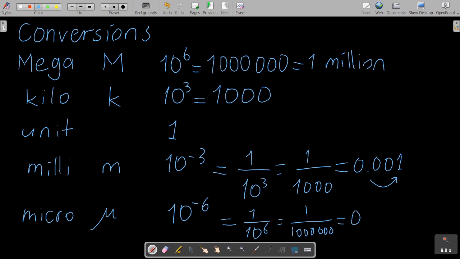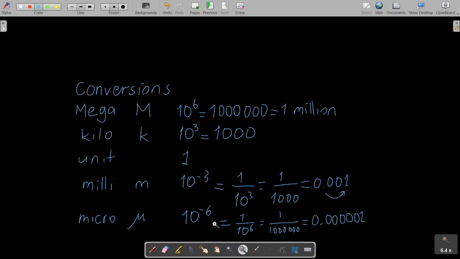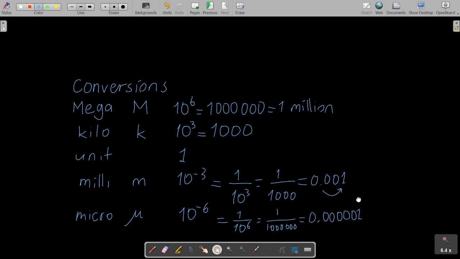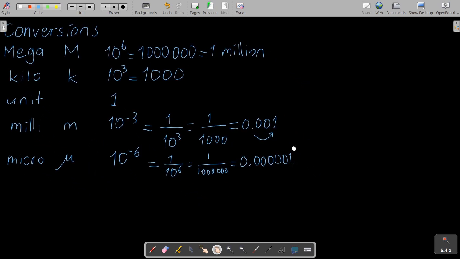Or if you have to write it like this, 0.000001. Okay, so this should be really clear for you. Let me zoom out and move this up. Okay, now we will do some examples so that we can point out places where you might be confused.